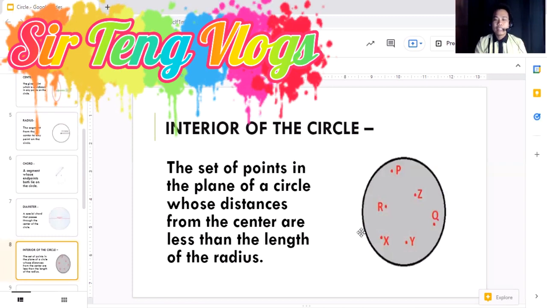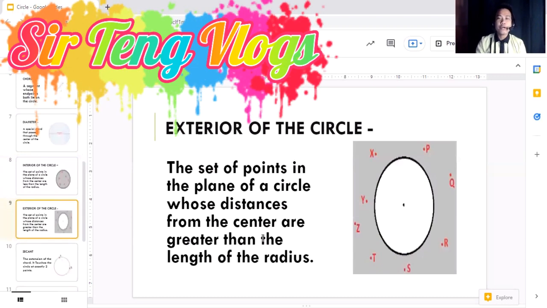So these are points inside the circle, but not the points on the circle.